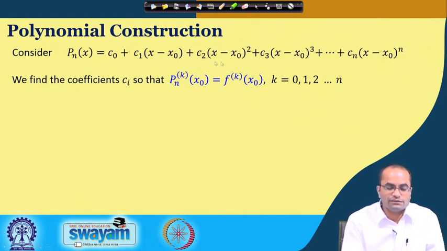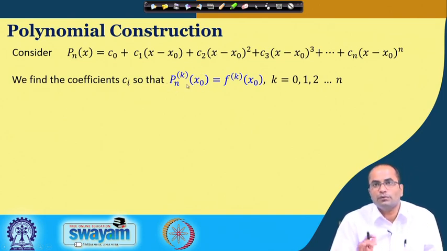We find them based on the conditions we have set, that the derivatives up to nth order of this polynomial at the point x 0 must be equal to the respective derivatives of the function at the same point x 0.